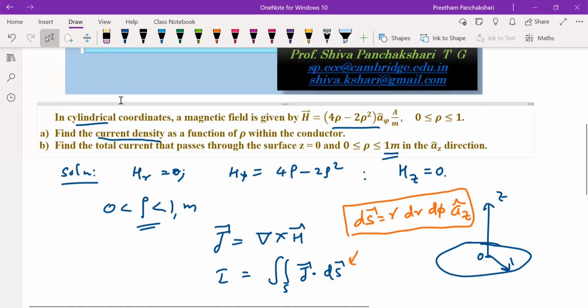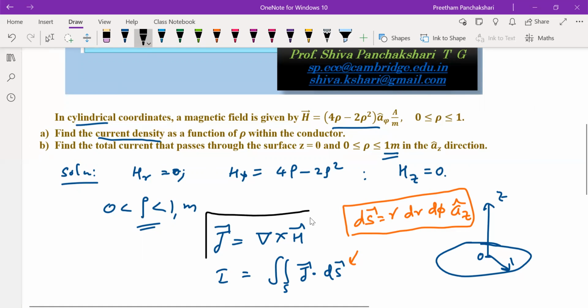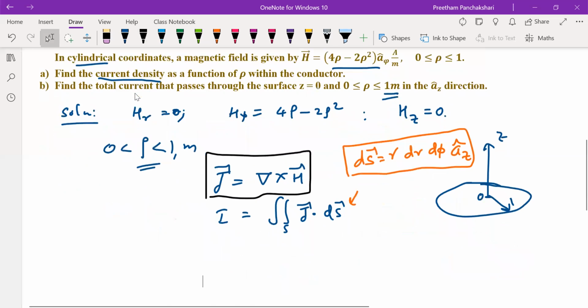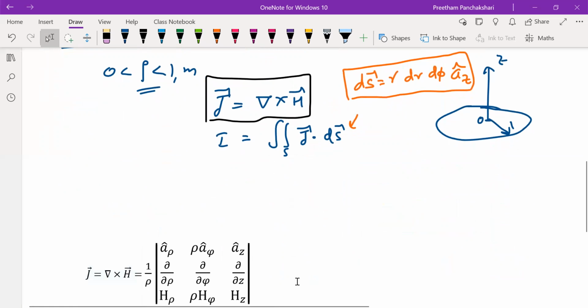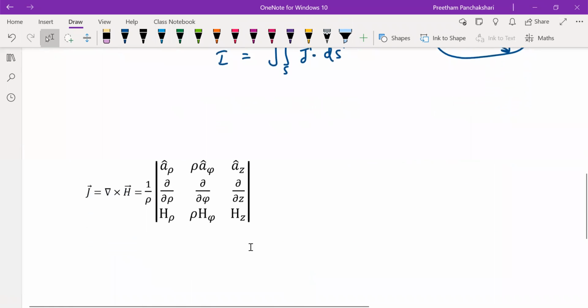So with this information, first we shall go for calculation of current density J from del cross H. Del cross H can be evaluated using the determinant. So the determinant is here. For cylindrical coordinate system, in terms of rho phi z, we have the determinant, and we shall substitute the values given in the problem here. 1 by rho.